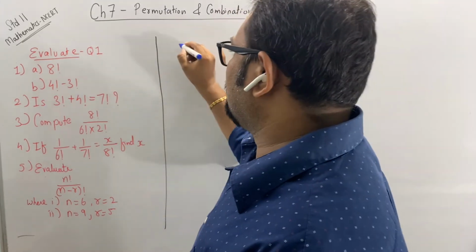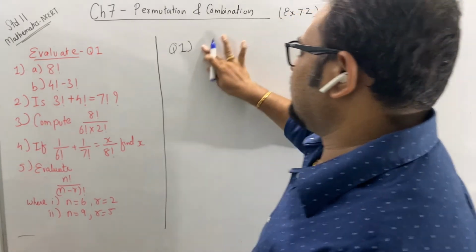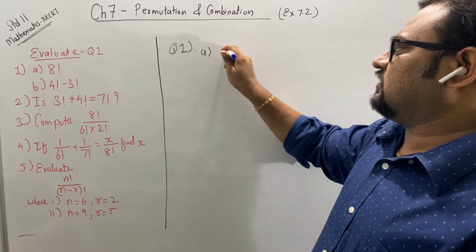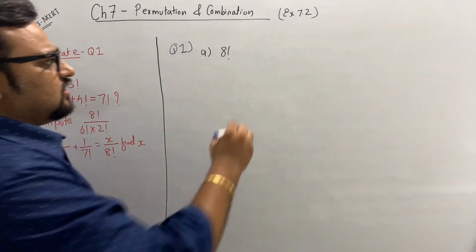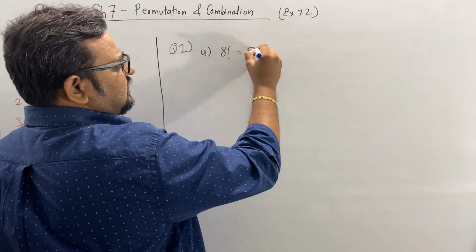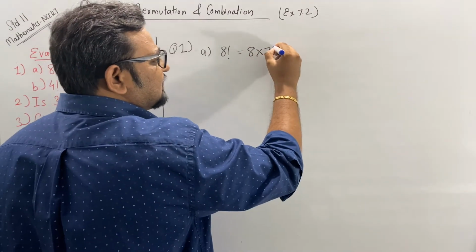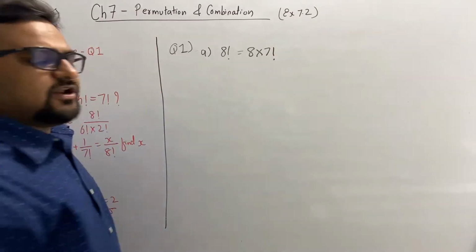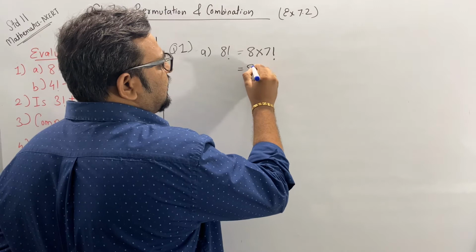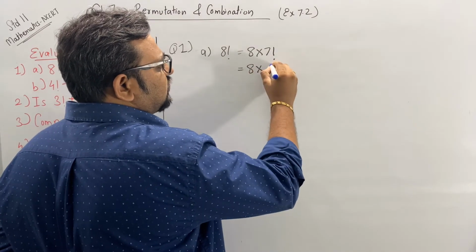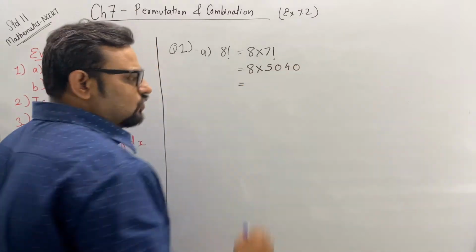See, question number 1, part A is 8 factorial. Okay, so what I can do, 8 into 7 into 6 into 5, or else let us stop here. 8 into 7 factorial, so this will be equal to 8 into, what is 7 factorial? 5040.